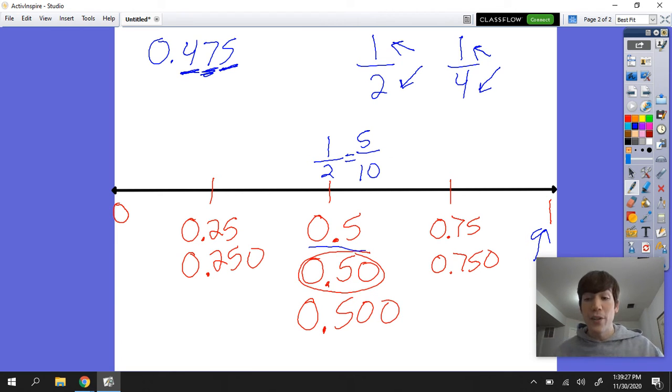Because the denominator is twice the size, that means these pieces are half as big. So 1/4 is the same thing as taking a half of a half, or a quarter, which would go here. So you'll notice that even though that denominator is bigger, those pieces are smaller, so we're putting it before 1/2 and saying that 1/4 is actually smaller than 1/2.